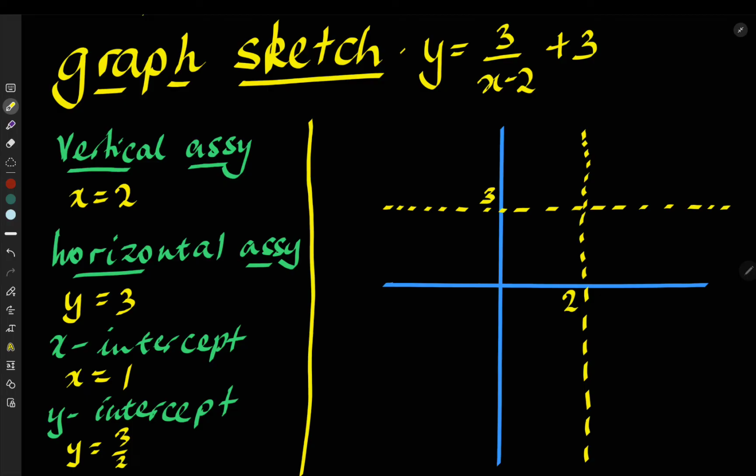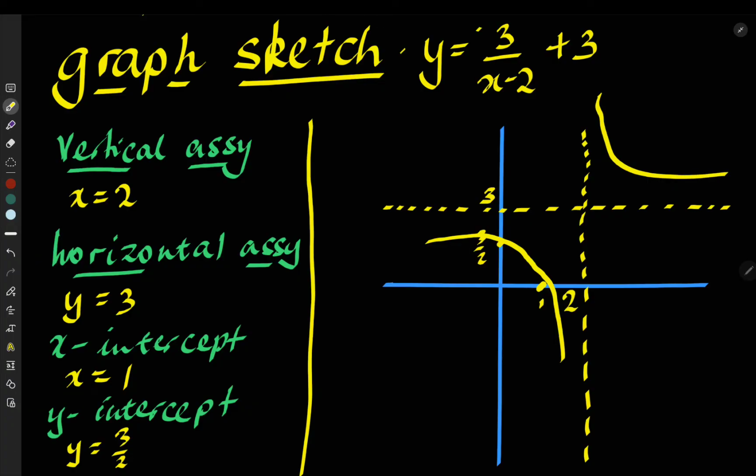Then the next thing that you need to do is to get your intercepts. The x-intercept is 1, and that needs to be clearly stated. And also the y-intercept is 3 over 2, so it's in between here. And remember, we said if A is positive, you can see these two points. You just draw the curve like that. So that is one part of the graph. And obviously, the other part will always be on the opposite side of the asymptotes.